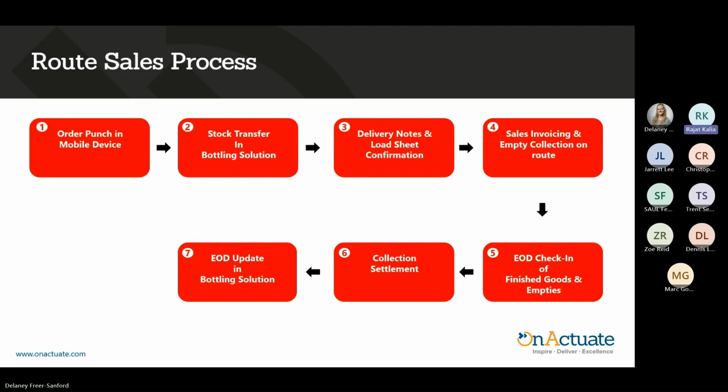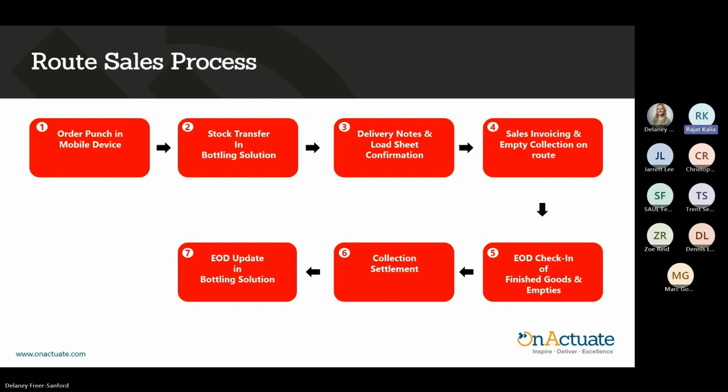At the end of the day, John performs an EOD check-in using the mobile application. He verifies the delivered quantities against the load sheet and updates any discrepancies. The system automatically reconciles the finished goods inventory and empties, ensuring accurate records.